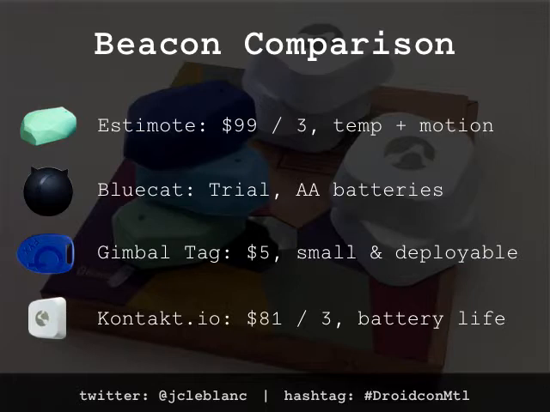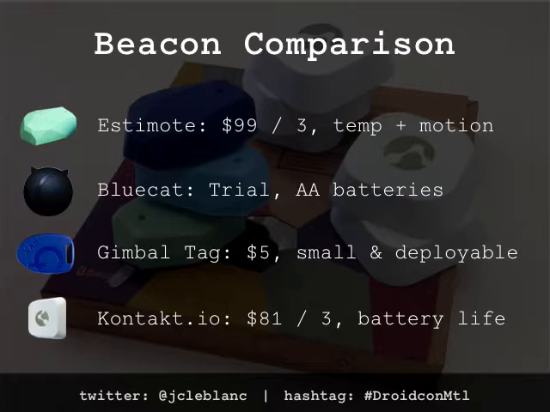But Blue Cat's running off AA batteries. When you're actually deploying this into a physical space, it is really nice to be able to change the batteries on a regular basis, especially if you're advertising on a regular basis, and let's say your battery life is about 6 months or so, on regular advertising intervals. These Gimbal tags, pretty much anyone I see working with beacons has a Gimbal tag.